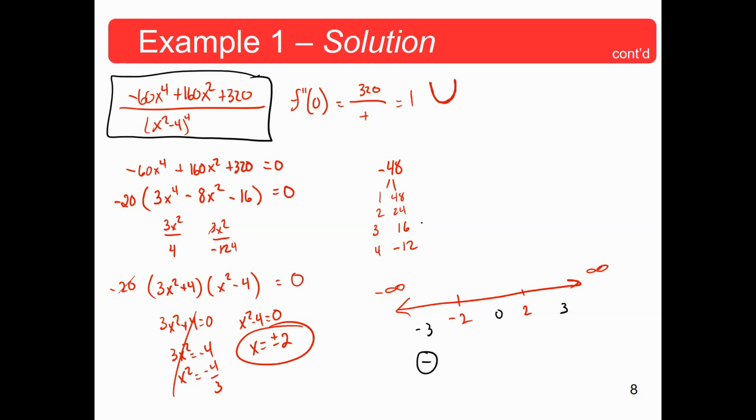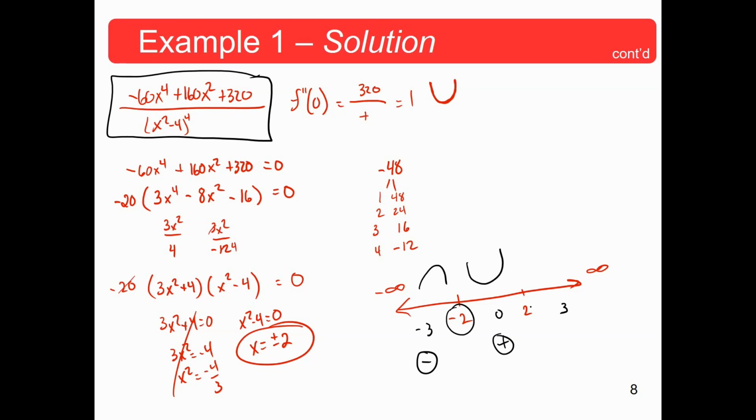So we started high and we're going low, which means we're concave down, right? If we plug in 0, we get 0 plus 0 is 320 over a positive number. Positive is positive, therefore we are concave up. Therefore, -2 represents a point of inflection from decreasing to increasing.